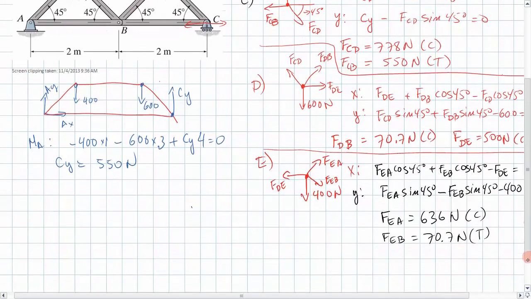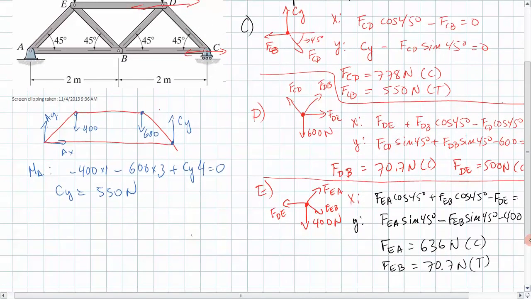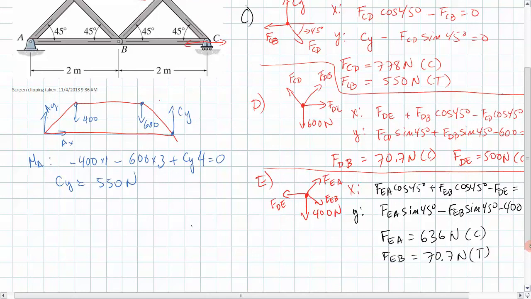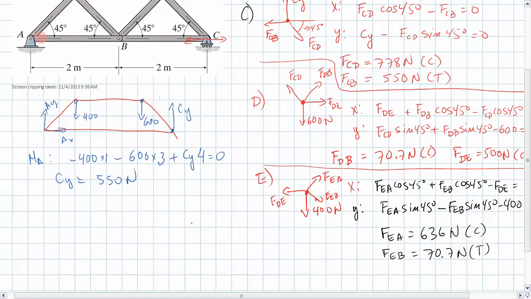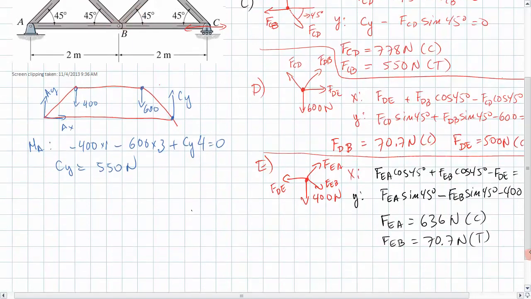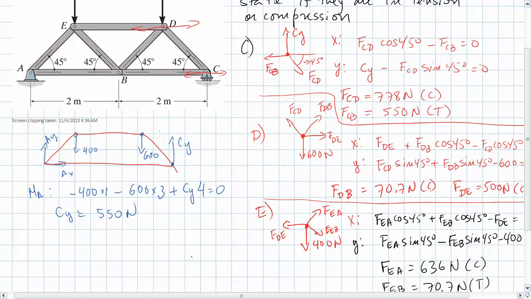I need FAB. So for that, I'm going to work with which joint? Well, if I work with A, I would have to solve for these two reactions, which is a lot of work. Maybe I'll just work with B because I know these two forces and this force, so this is probably the easiest one to work with.